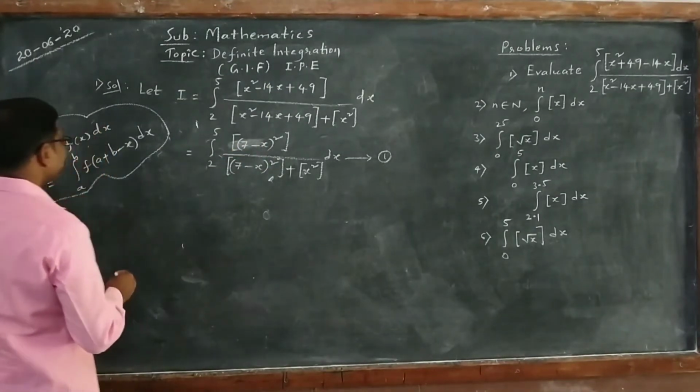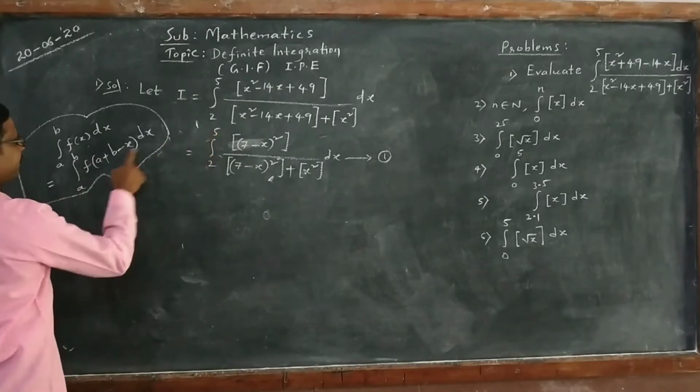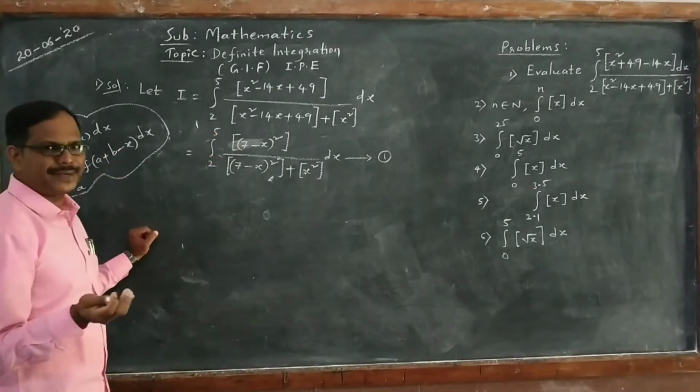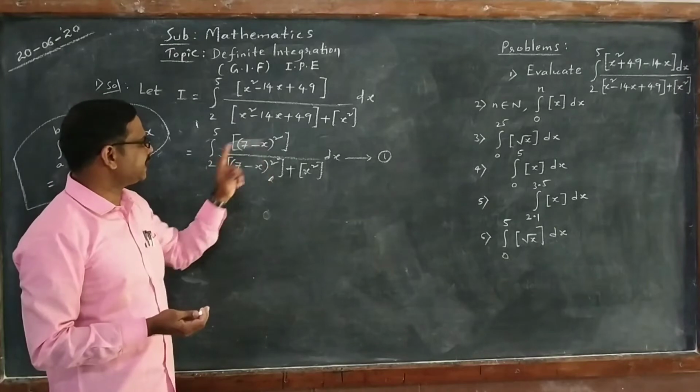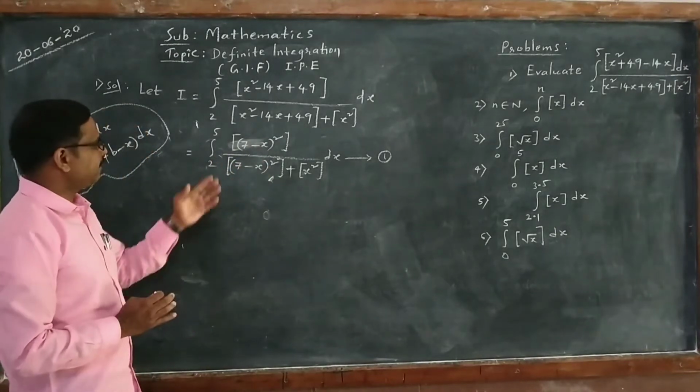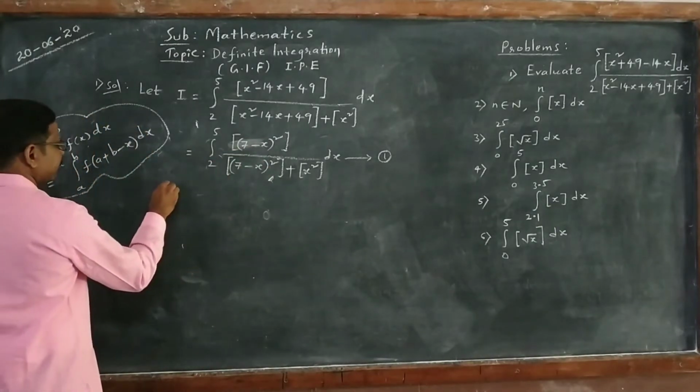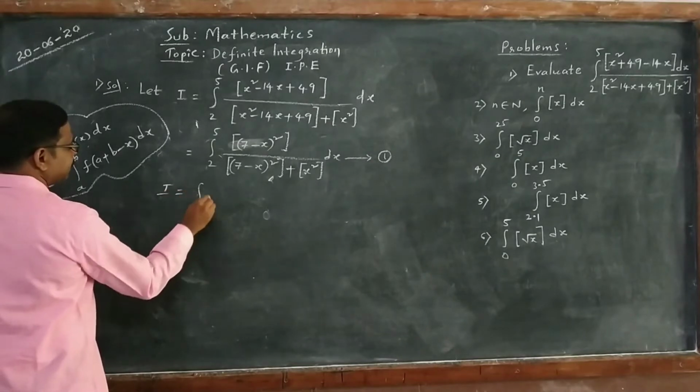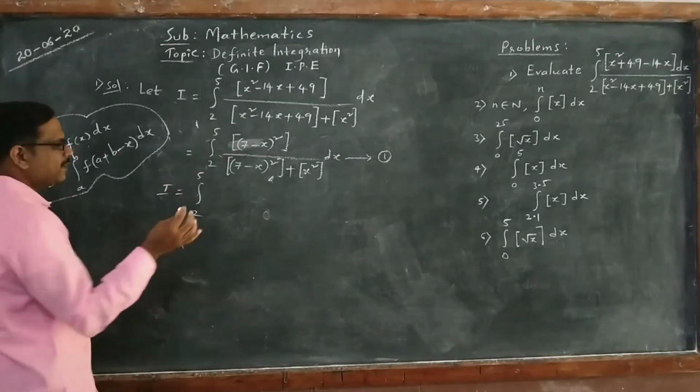Now instead of x, using the property, 2 plus 5 minus x, 2 plus 5 means 7, so 7 minus x. In the place of x, we have to replace 7 minus x.